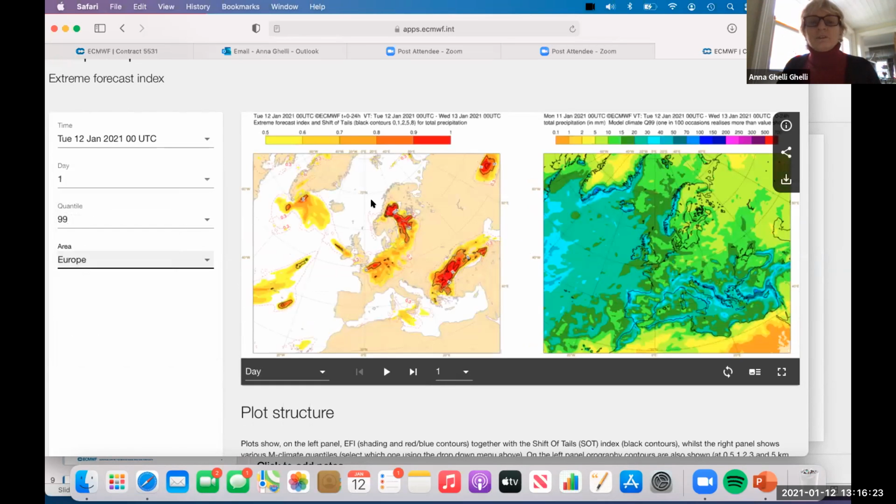You see in Europe there are some very strong signals at the moment, in this area, etc. So in the group activity we can look at this situation and see how we can use the quantiles of the climate. Okay, so that's it.